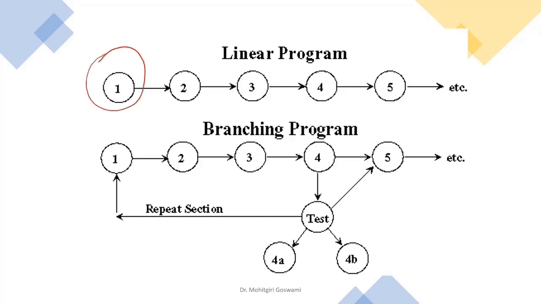In a linear program, the student will be directed to the first frame. There, the content will be very low, and the difficulty value will be very low. He will have a question over there. Then he will be directed to the next frame.